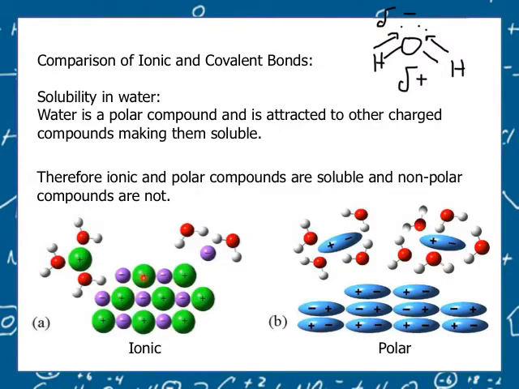It's made of positive and negative ions. You can see here the red is representing oxygen atoms, and they are partially negative, so they are attracted to positive ions, whereas the hydrogen atoms, the white, are partially positive, so they are attracted to negative ions. So basically the water molecules can deconstruct the ionic crystal and dissolve it away.